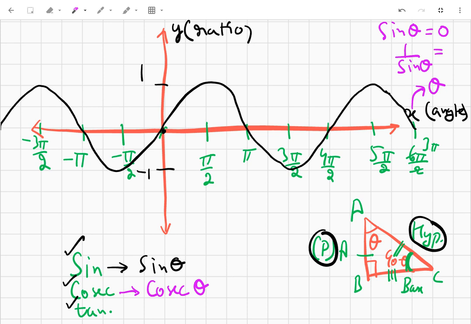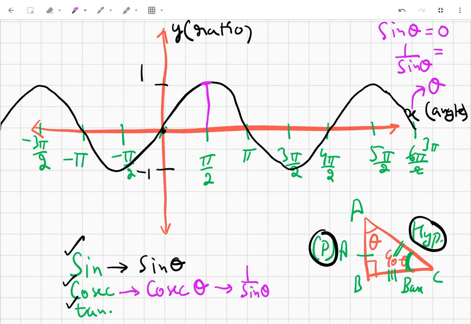Let's stick to trigonometry. At pi by 2, sine theta is 1. So 1 by sine theta, which basically is cosecant theta, will also be 1. And when sine theta is 0, then cosecant theta will be infinity. So the graph of cosecant theta is like this.